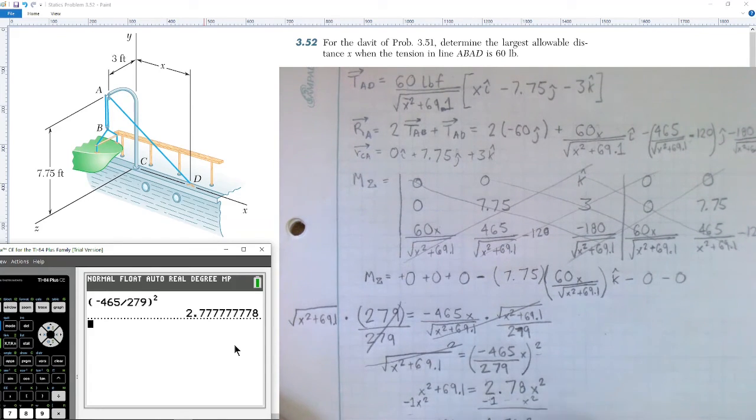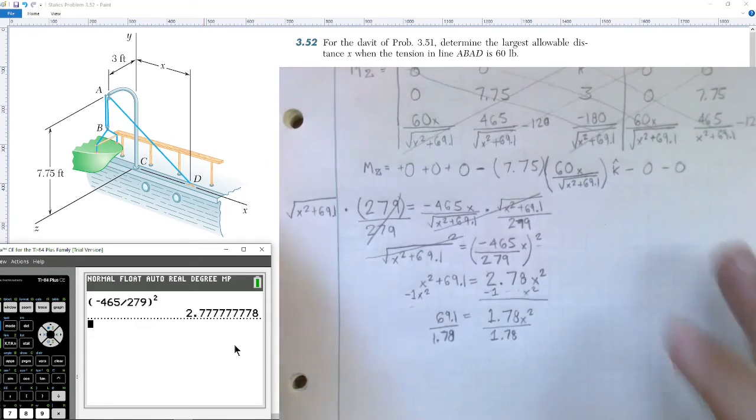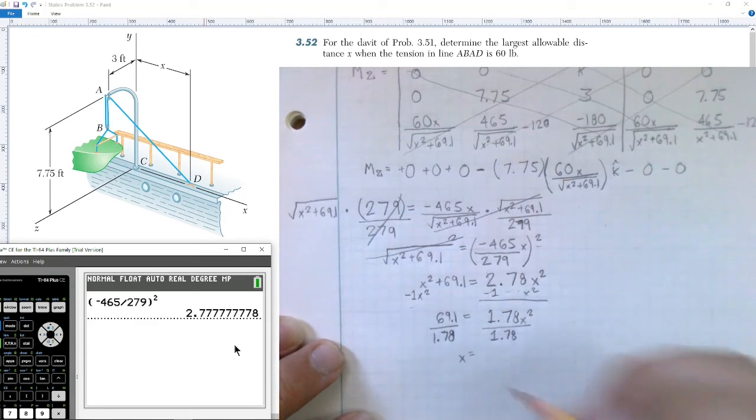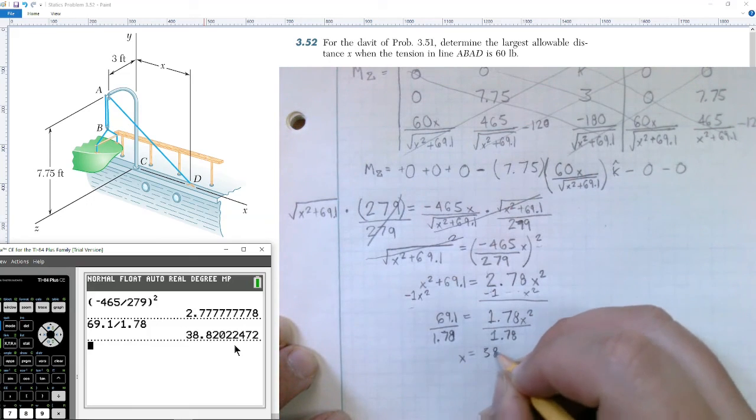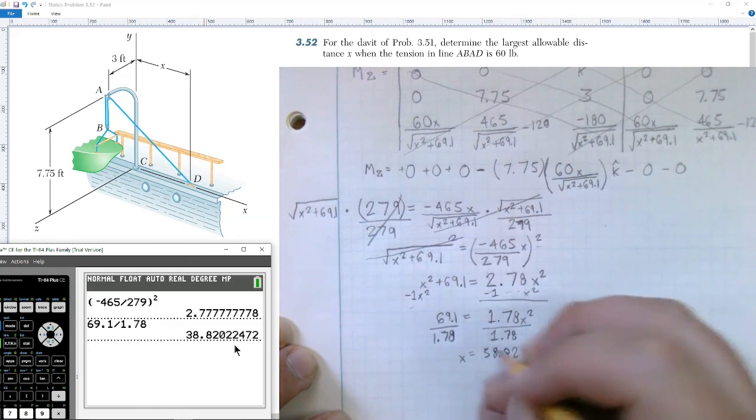That will tell us x squared is equal to 69.1 divided by 1.78. Gives us a value of 38.82. This is x squared.